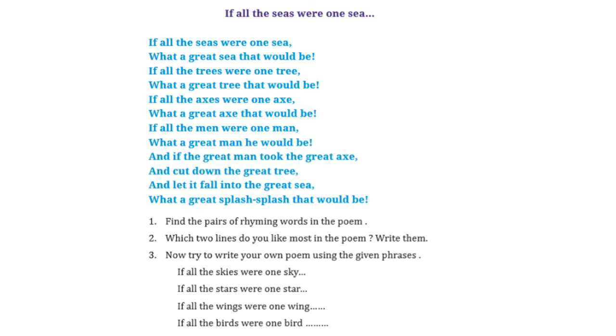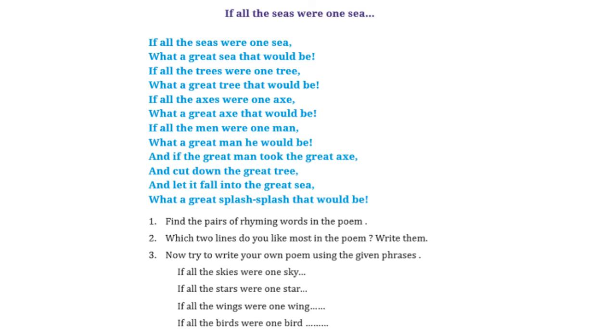If all the axes were one axe, what a great axe that would be. If all the men were one man, what a great man he would be. And if the great man took the great axe and cut down the great tree and let it fall into the great sea, what a great splash that would be.